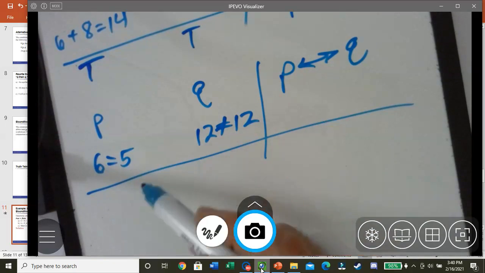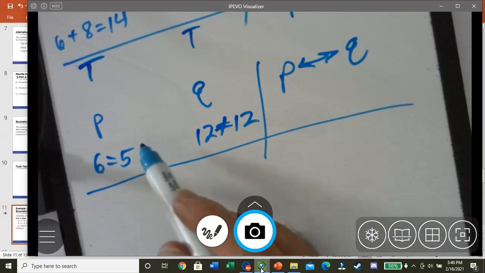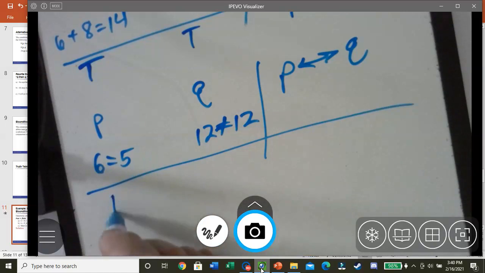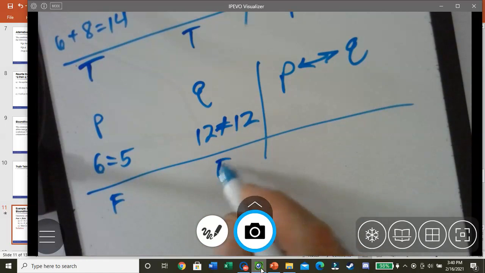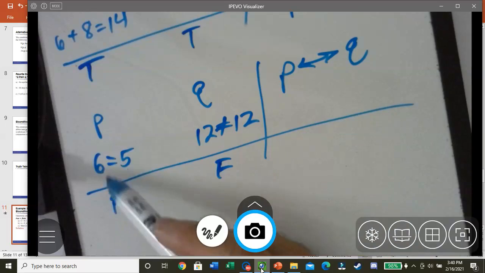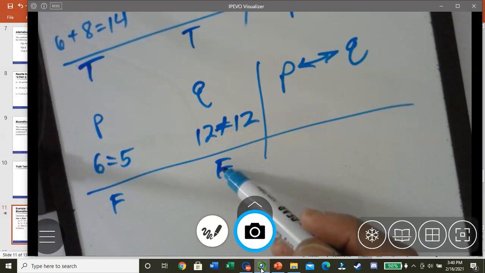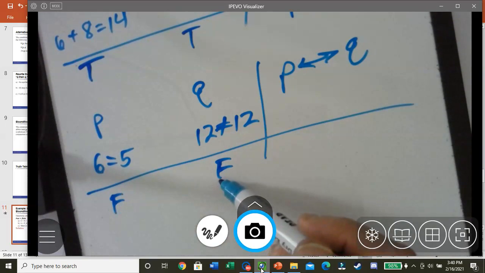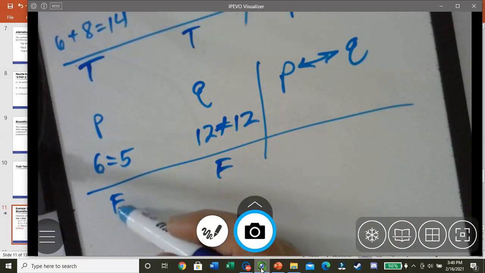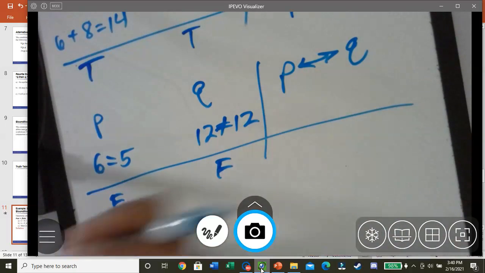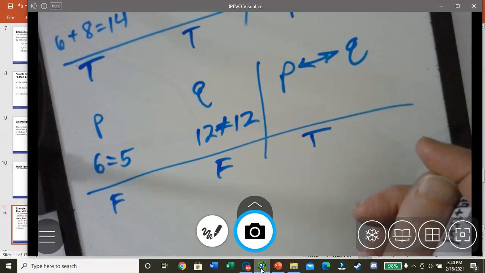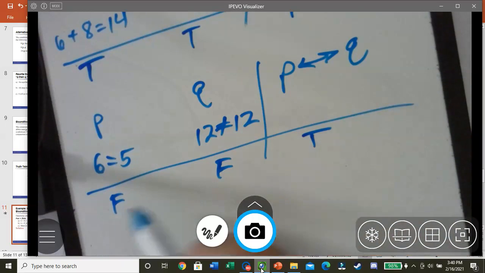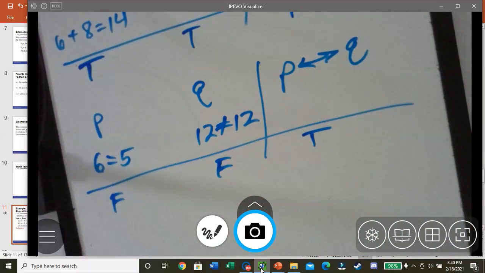If there's one true and one false anywhere, then it's a false statement. Well, 6 equals 5, that's a false statement. 12 does not equal 12, that's a false statement. So if P is false, then Q is false, and if Q is false, then P is false. False, false, and false, false going back the other way. That's a true statement because they're both false. In order for it to be a false statement, one has to be true and the other false.